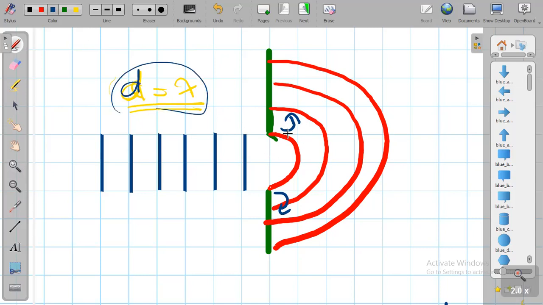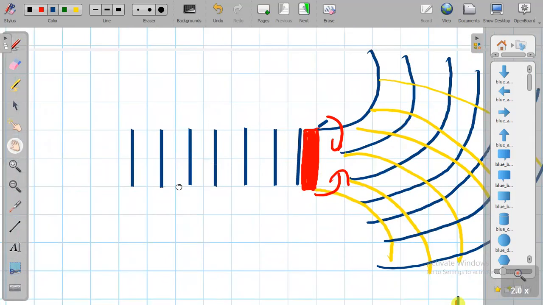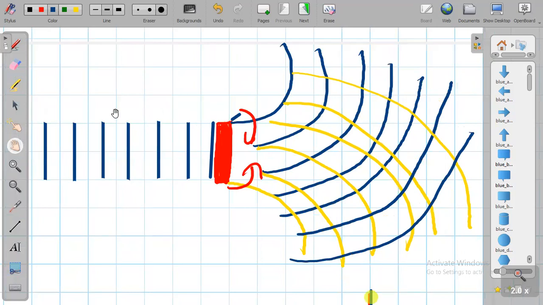Here is an opening. You can see the wave bends away from here in both directions and disperses in this manner, right? So for inward bending, for the obstacle, that was an opening. There is an inward bend. You can see that the arrow is there.